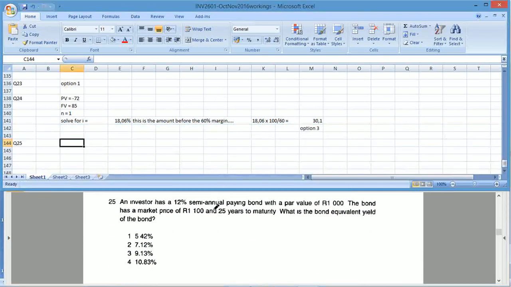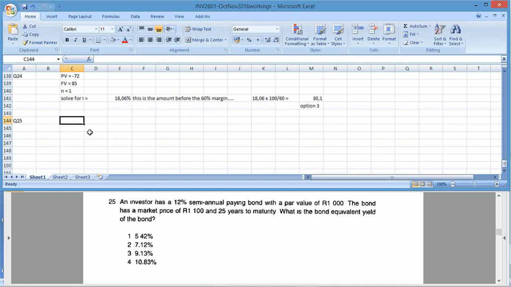25. An investor has a 12% semi-annual paying bond with the par value of that. The bond has a market price of that, 25 to maturity. What is the bond equivalent yield? Okay, so we're looking for the I, the yield. So N, it's a semi-annual bond. How many years? 25 years. So 25 times 2. I've got the market price of negative 1100.